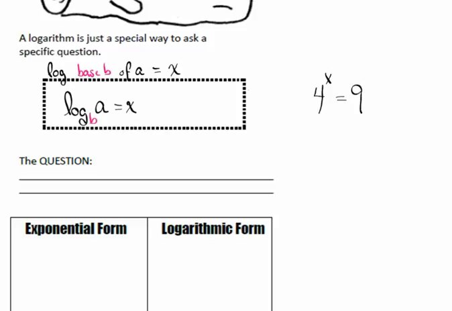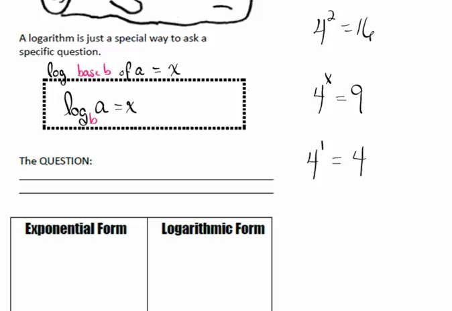Now, I know 4 to the second power is 16, and 4 to the first power is 4. So I know 4 to the x power has to be fractional or decimal, as equal to 9. And that's really what I'm asking.